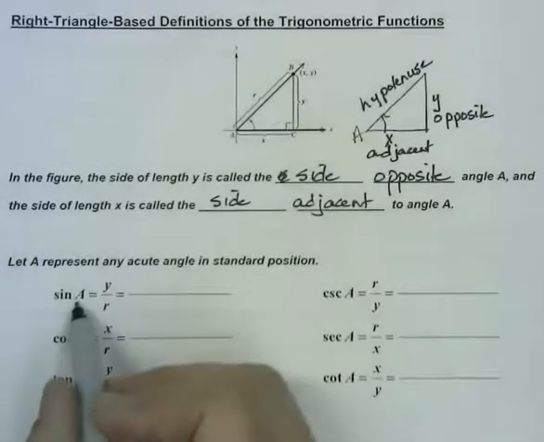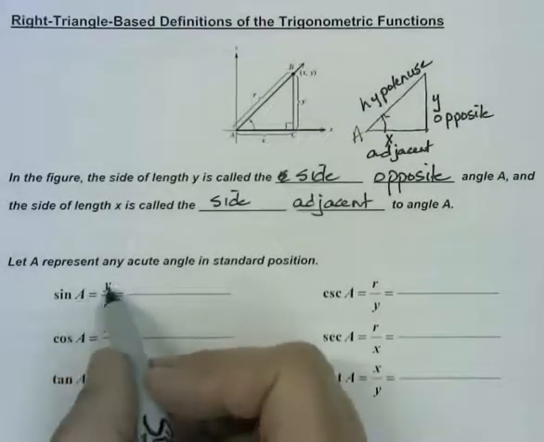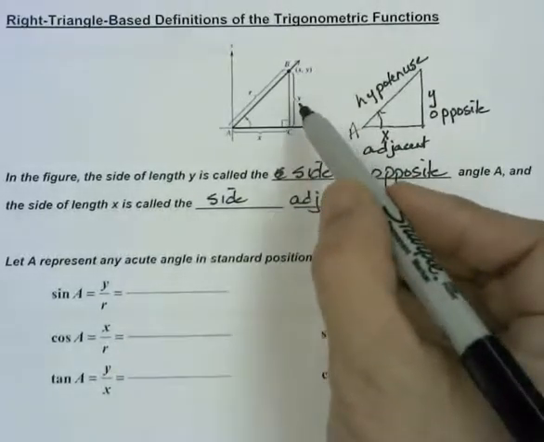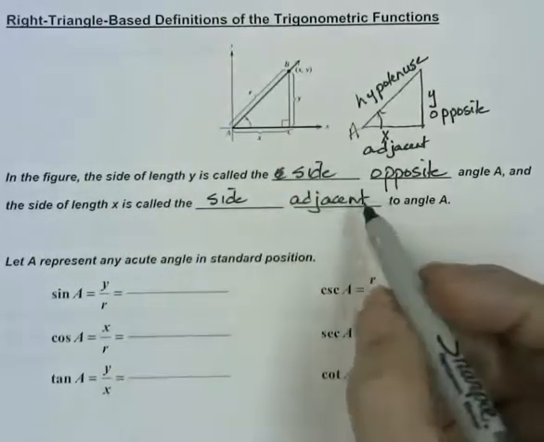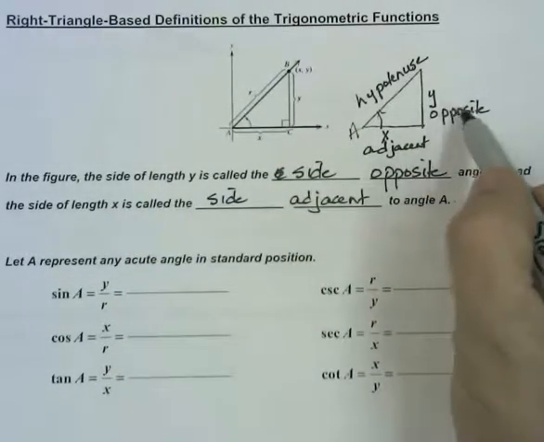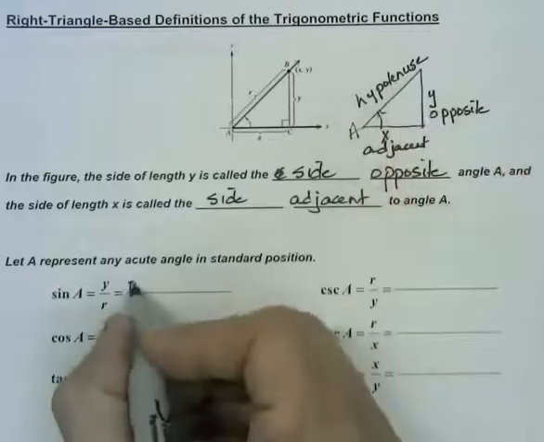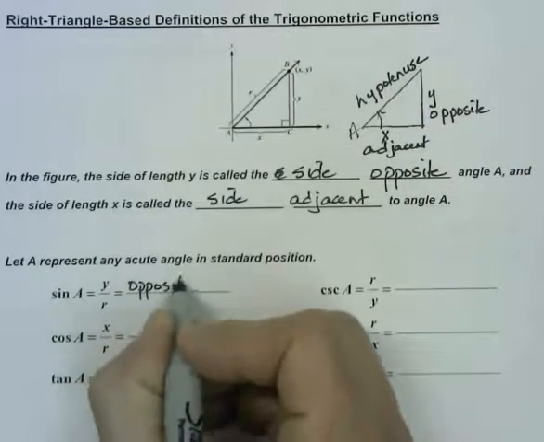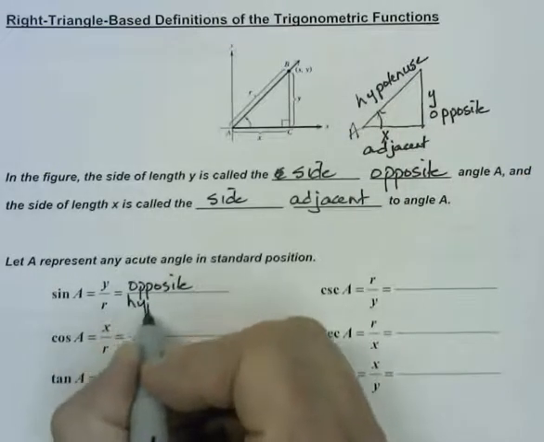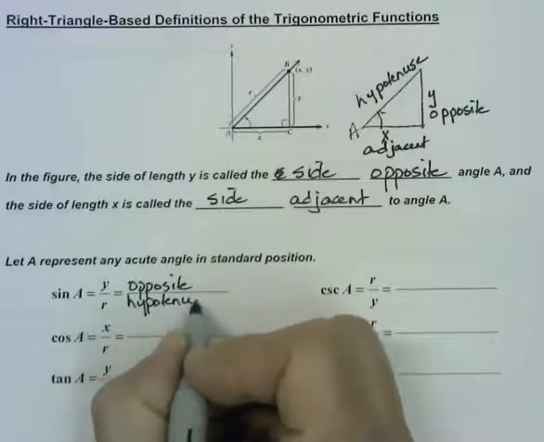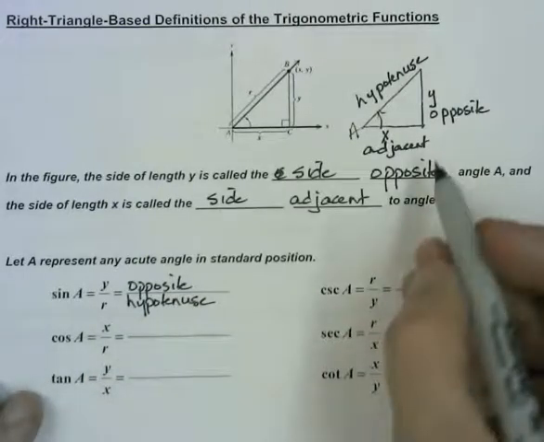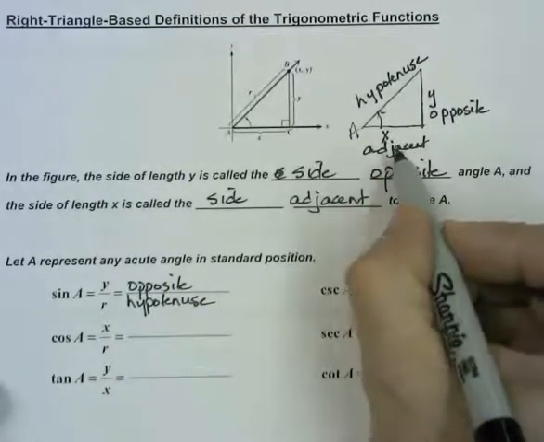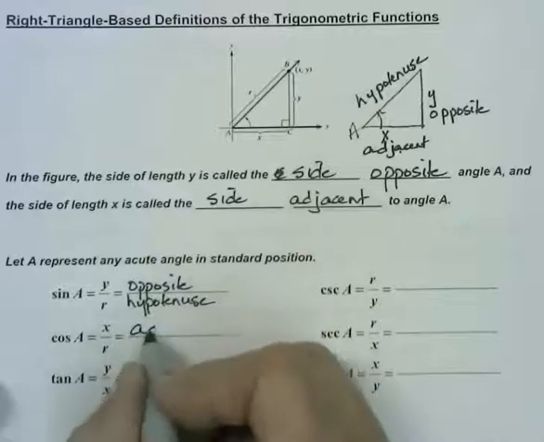So before, when we talked about the sine of an angle, we defined it as y over r. Now we're going to define it as the opposite over the hypotenuse. For the cosine, instead of x over r, we're going to call that adjacent over hypotenuse.